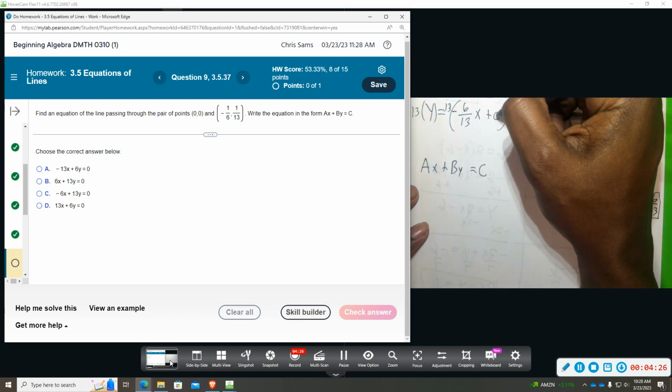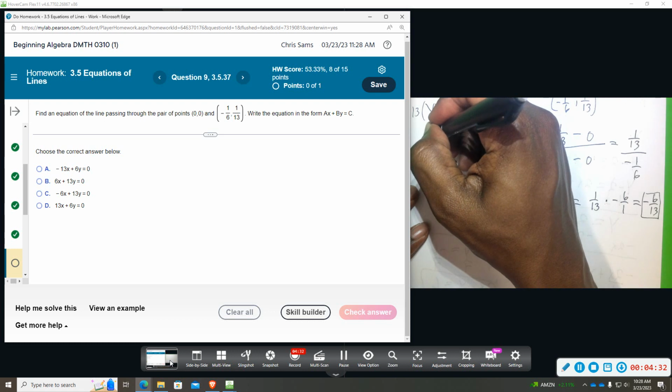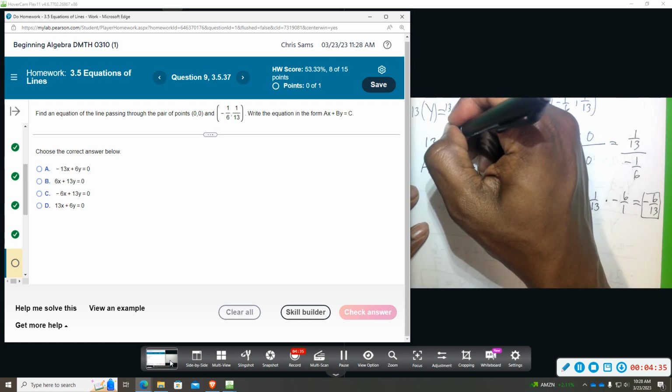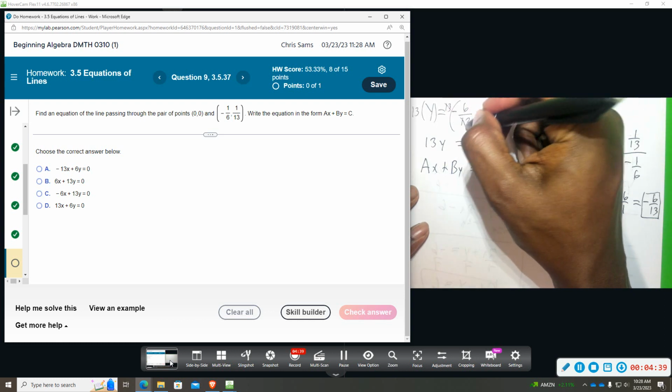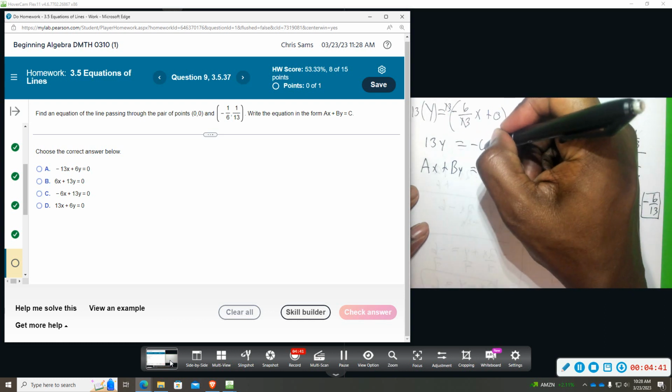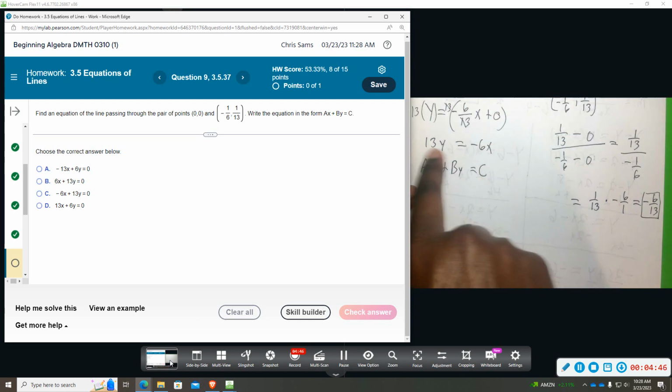This 0 is going to go away because adding 0 doesn't change anything. So this is going to give me 13y equals, when I multiply by 13, it cancels out division by 13, leaving me with negative 6x. And then times 0 will be 0.